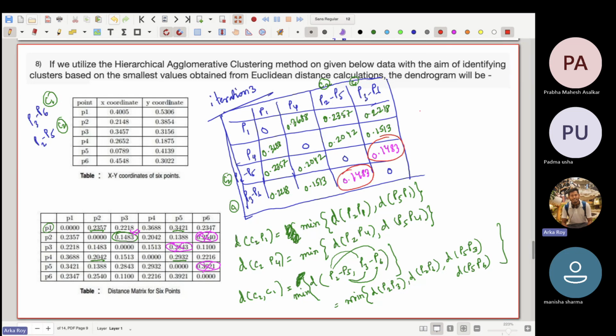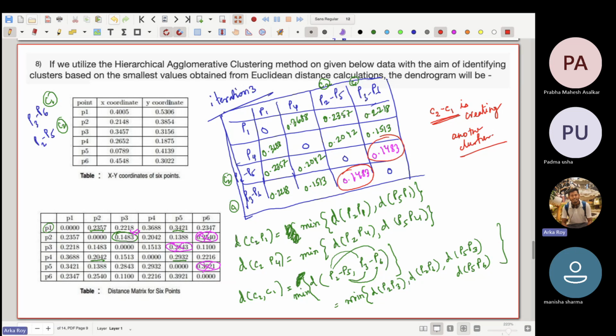So I can write in this particular case that C2 से लेके C1 तक, मतलब C2 C1 is creating another cluster.